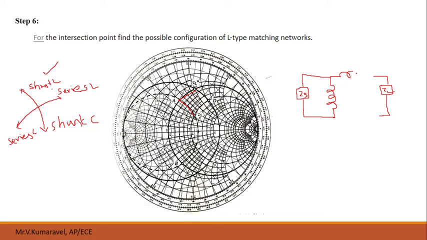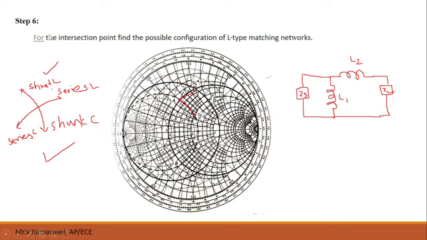So our matching network is two inductors, one shunt, L1, and the next one series inductor. Similarly, through point B, point D as well as point C, we can design a matching network in a similar manner using this diagram.